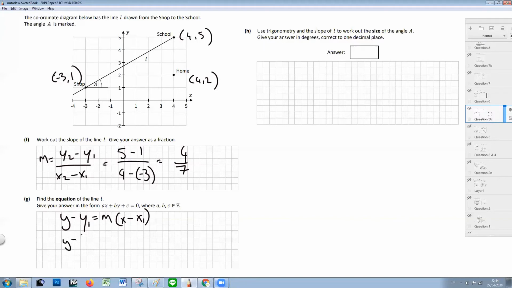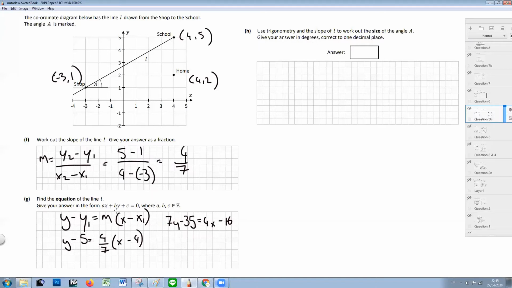So it's going to be y minus 5 is equal to 4 divided by 7, x minus 4. The easiest thing is just to cross multiply. So it's going to be 7y minus 35 is equal to 4x minus 16. So I just multiply this side by 7, which gets rid of the 7.